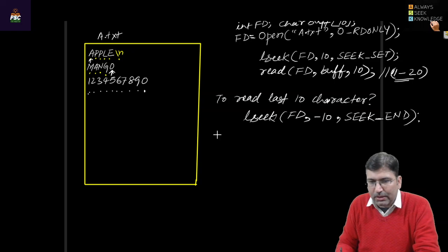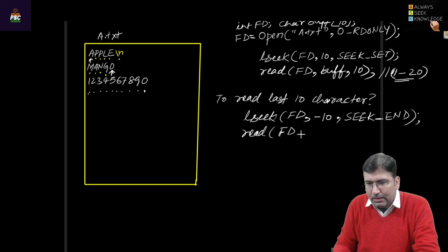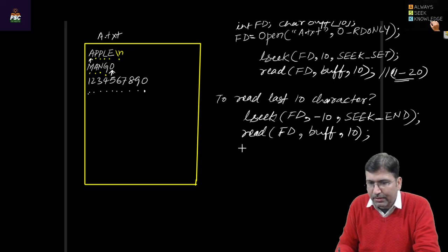After this you can apply the read statement, and in read you can pass fd. Now for this fd the position is different, 10 from the last, and then you use the buffer where you want to store, and if you want to read 10 characters, you can read them. After reading, you can write it using the write system call.